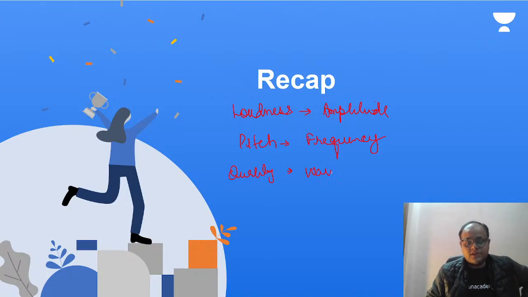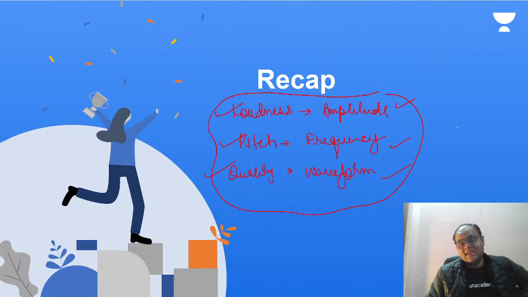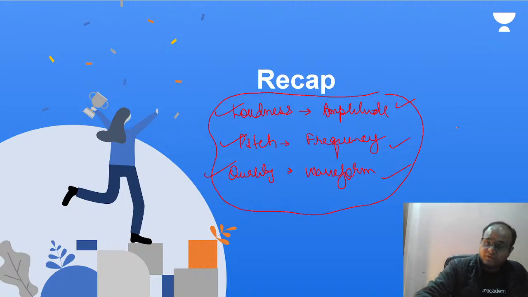This was about the waveform. These three technical aspects are related to three different characteristics of sound: loudness is for amplitude, pitch is for frequency, and quality is for waveform, right?